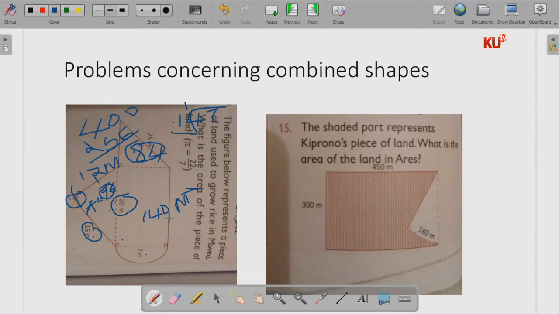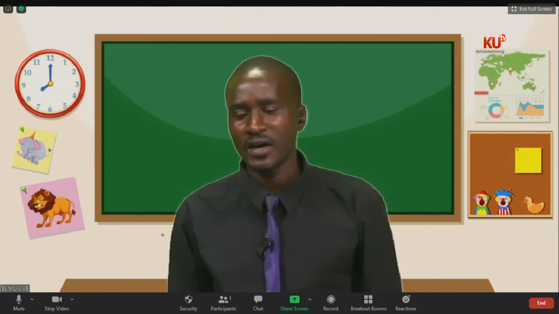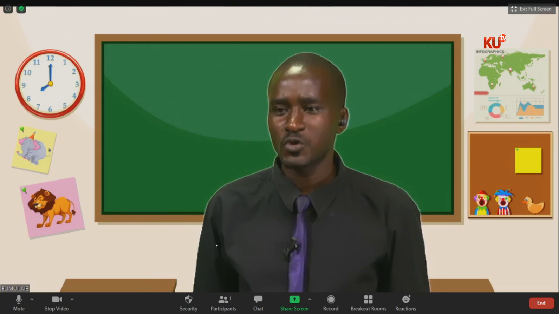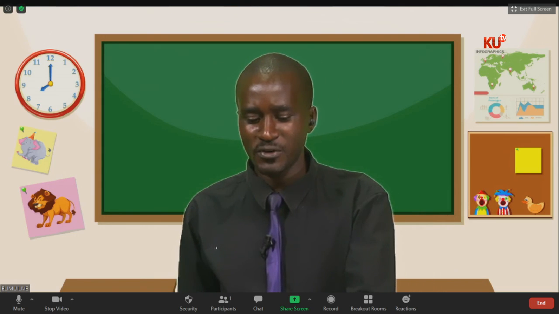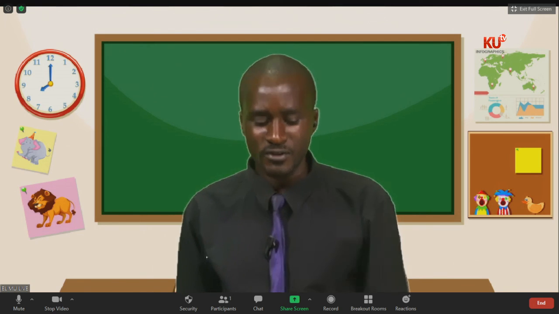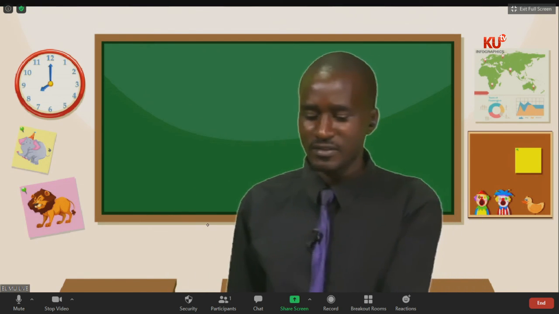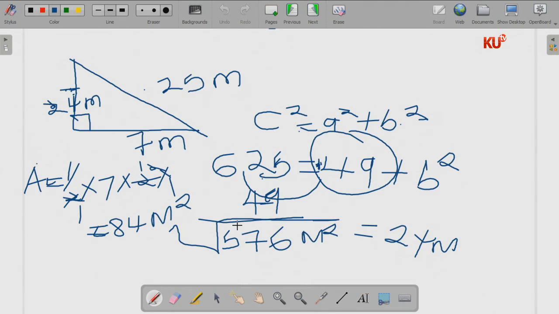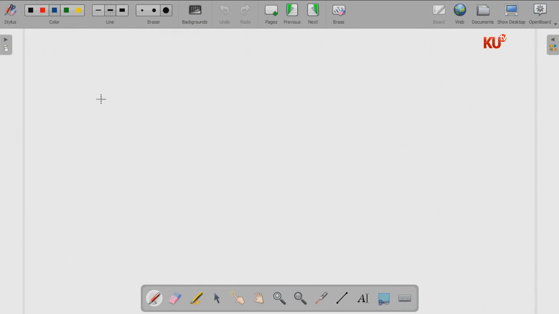What do you have now? 140 add to 96, add to 84, and lastly add it to 19.25. What did you get? You will get, good, 339.25. You'll get the area is 339.25.